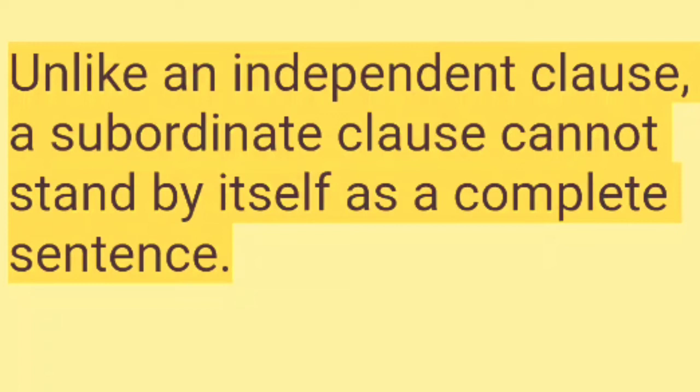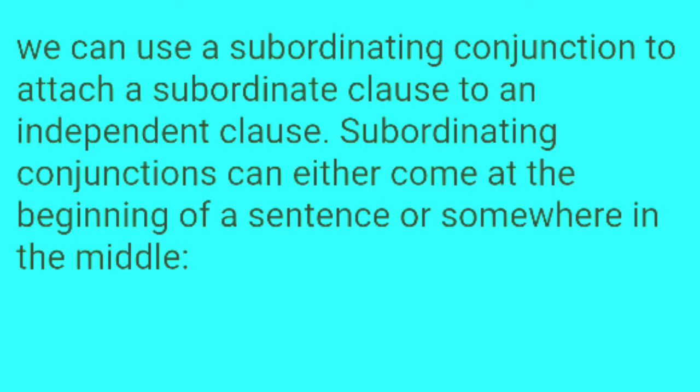Unlike an independent clause, a subordinate clause cannot stand by itself as a complete sentence. Where the buffalo roam: not a complete sentence. We can use a subordinating conjunction to attach a subordinate clause to an independent clause.